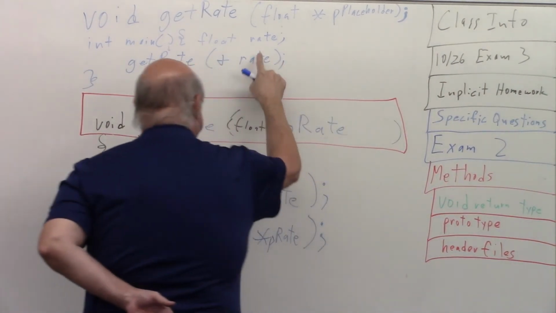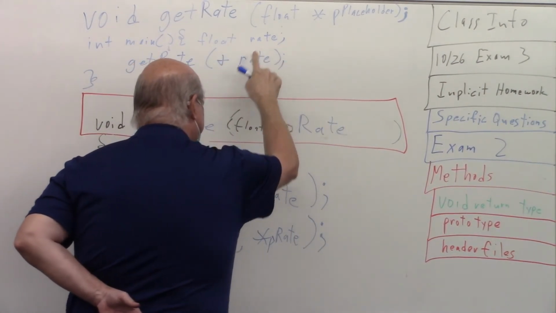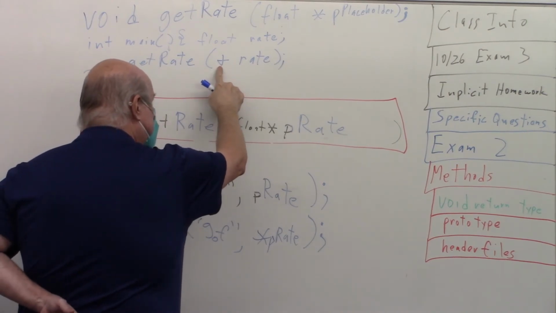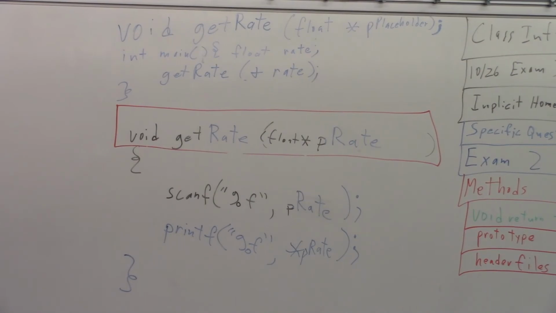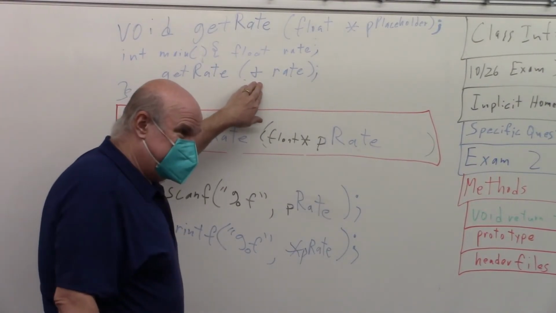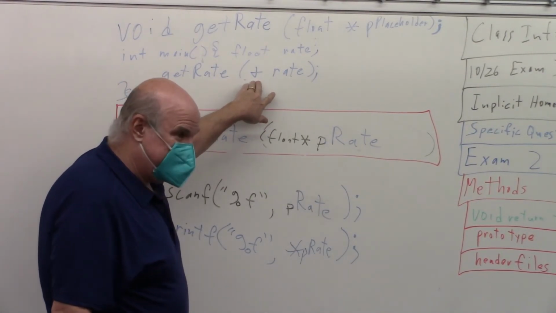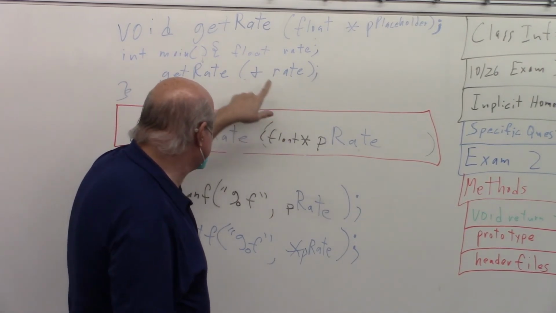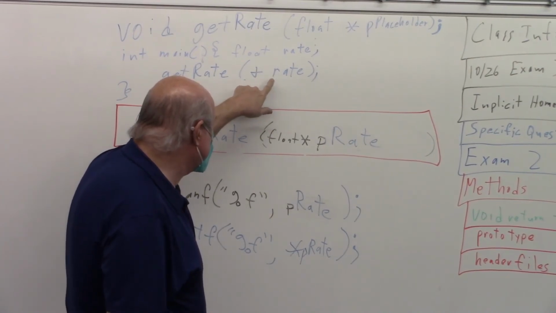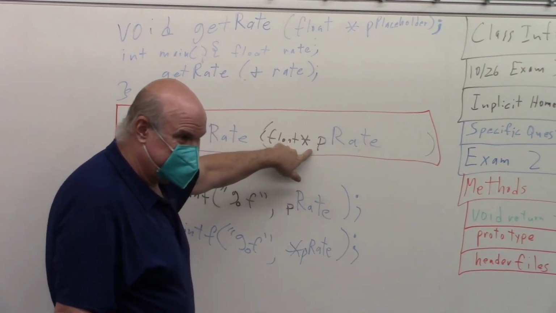Ampersand rate, yeah. Is this rate the same as that rate? What is the ampersand operator? Reference. The reference operator. So reference rate, in other words, pass a reference to the rate, which ends up being a pointer, which is why you can pass that as the pointer parameter to this.